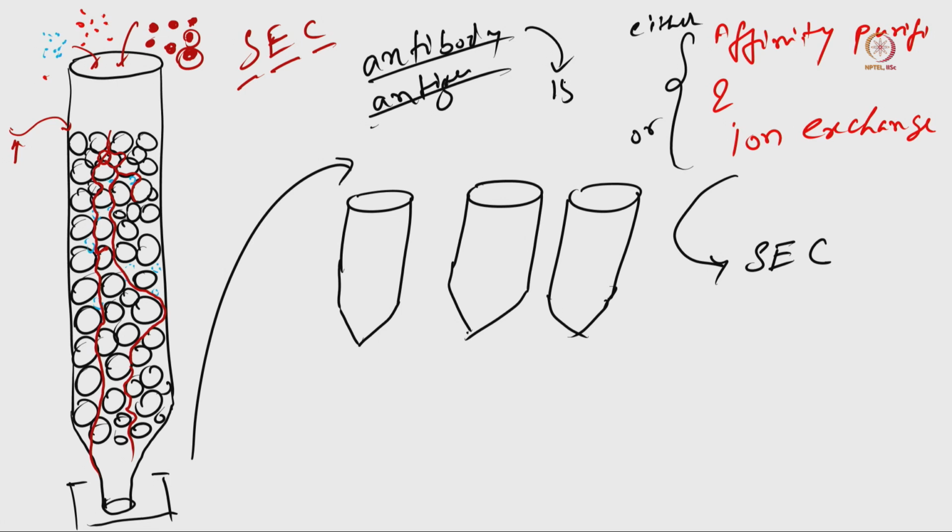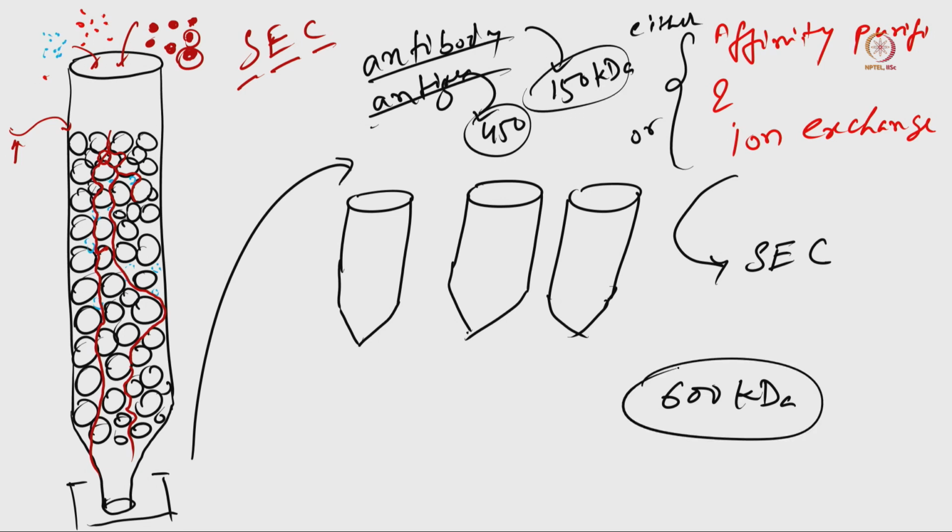Antibody you can consider 150 kilodalton in size, whereas the antigen, for example spike protein for SARS-CoV-2 or influenza, is 450 kilodalton. So, if 450 kilodalton and 150 kilodalton form a complex, it will be 600 kilodalton.